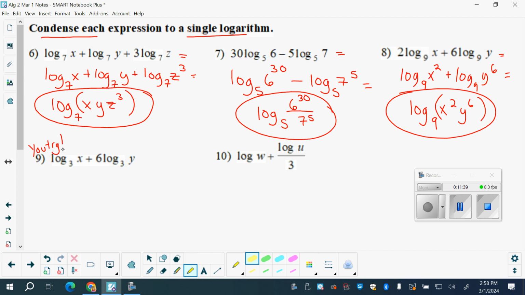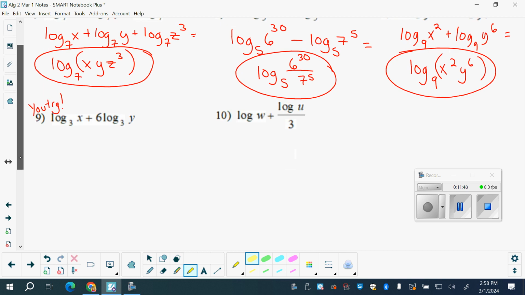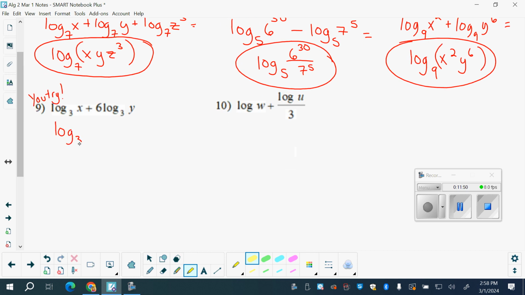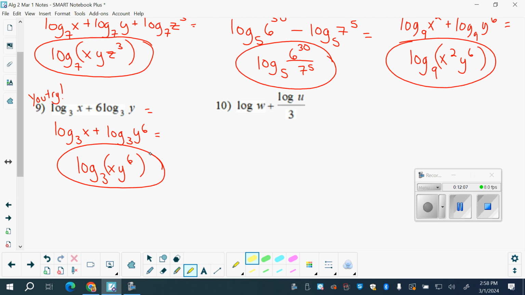Log 3. Yep. And then one more step. So you should get an answer of log base 3 of x, y to the 6th. Questions on that?